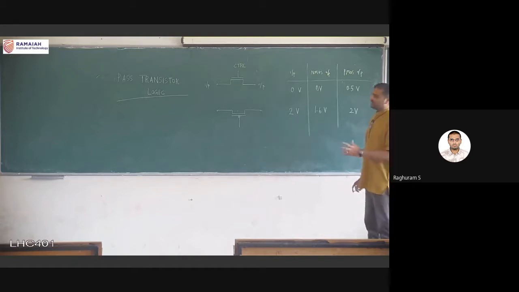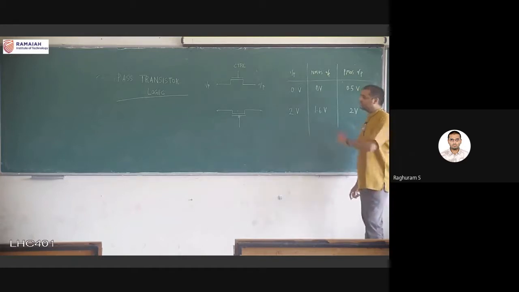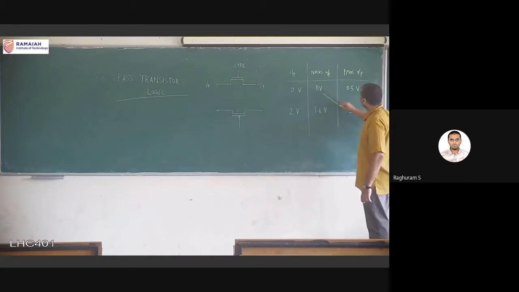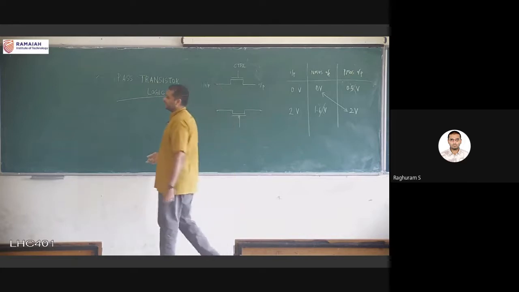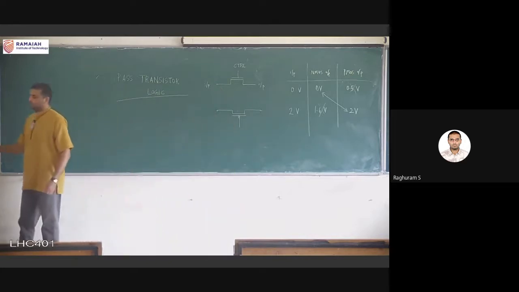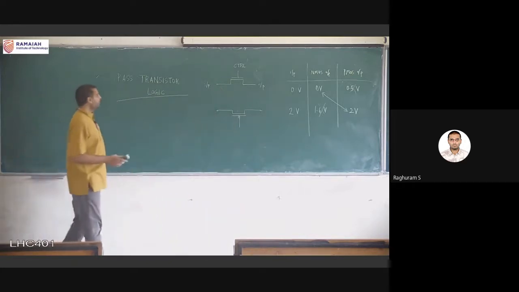So if you directly use pass transistor logic, it might create some deficiencies in your circuit. So how do we overcome this? These two cases we don't want. So the way we overcome this is, for every input to output connection, put 2 transistors.